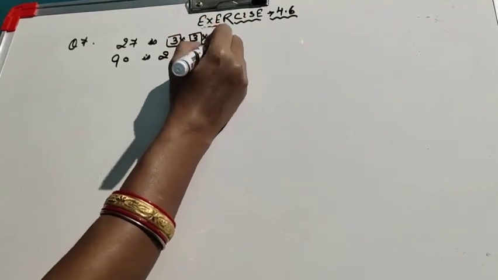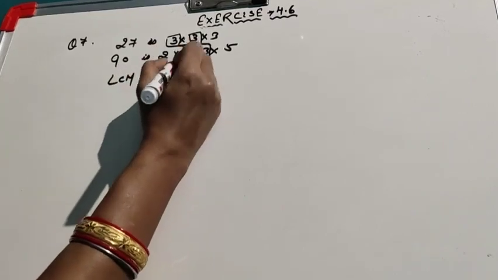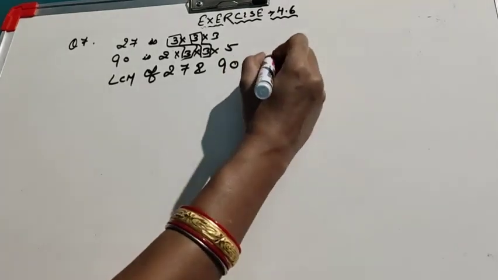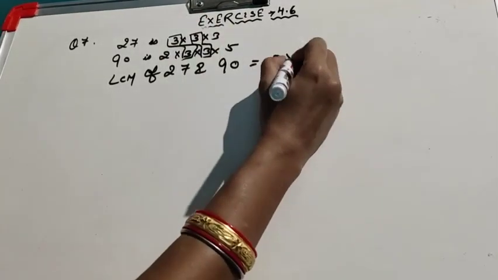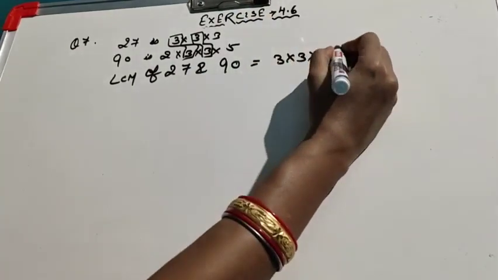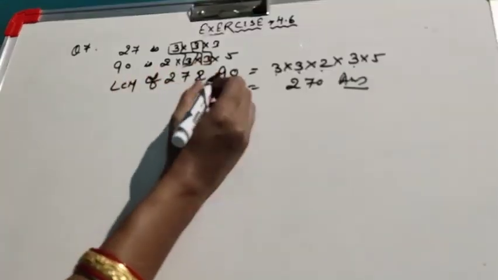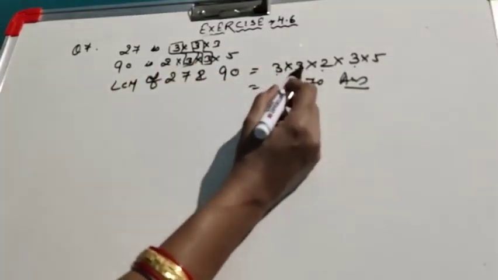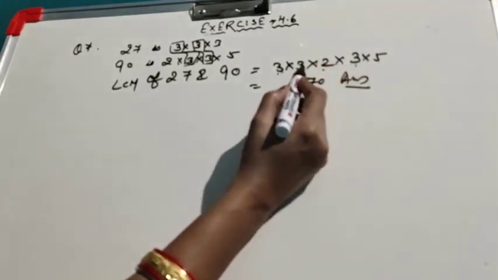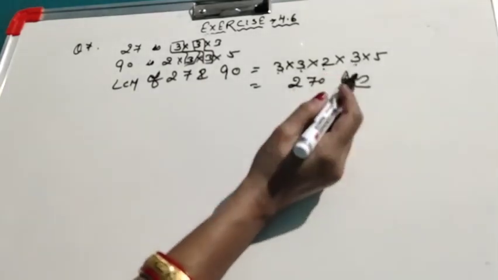So LCM of 27 and 90 is equal to 3 one time, 3 one time, then 2 single, 3 also single, 5 also single. LCM is 3 multiply with 3 multiply with 2 multiply with 3 multiply with 5. 3 3 is 9, 9 2 is 18, 18 3 is 54, 54 5 is 270.